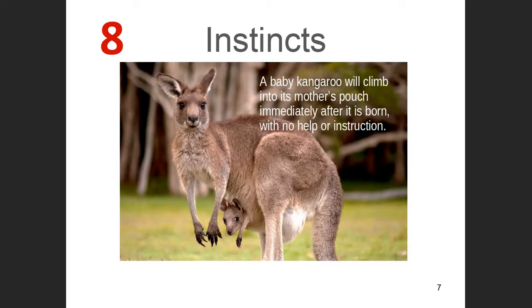It'll climb into its mother's pouch immediately after it's born, and it doesn't get any instruction or coaxing from the mother. It just does that. Another example is salmon. They swim upstream at the same time every year to spawn so that their species can survive. And nobody tells them to do that. It's just an instinctual behavior.